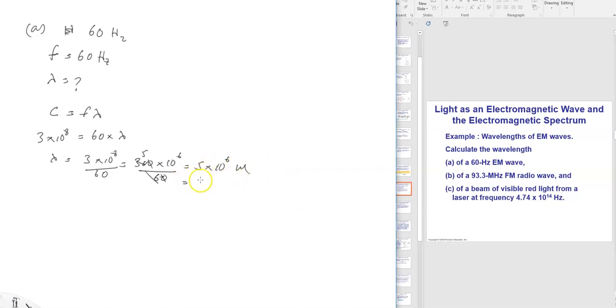Pretty long. 5 times 10 to the 6 is 5,000 times 10 to the 3. So it's like 5,000 kilometers, right?